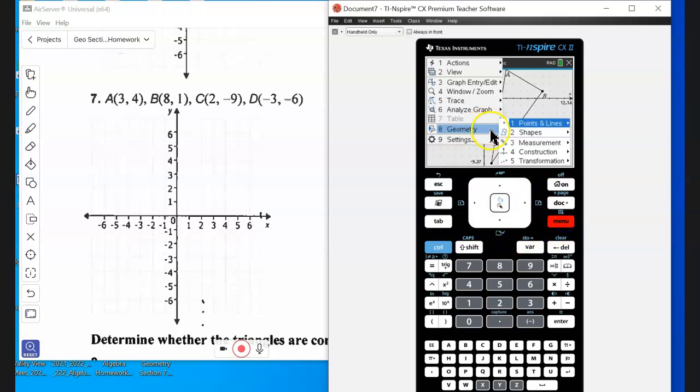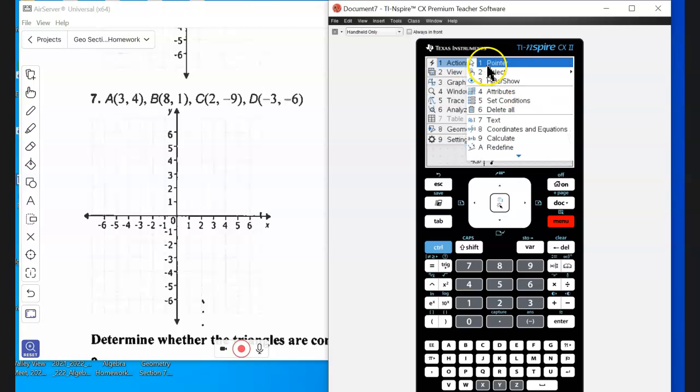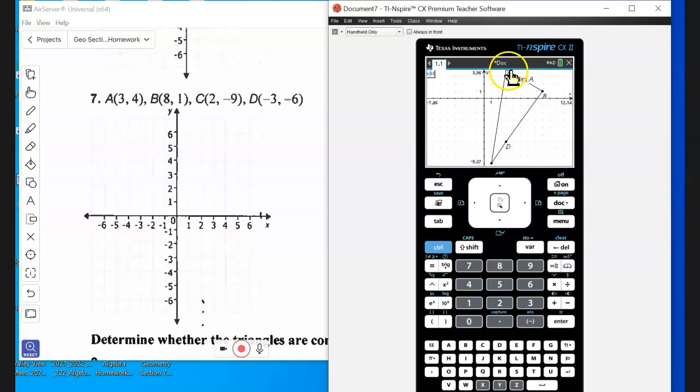Menu, geometry, view, action, coordinates. So that point right there, that's 3, 4. This was 8, 1.